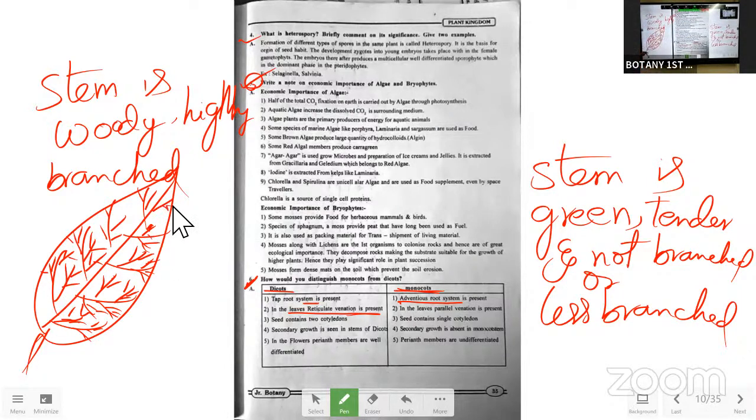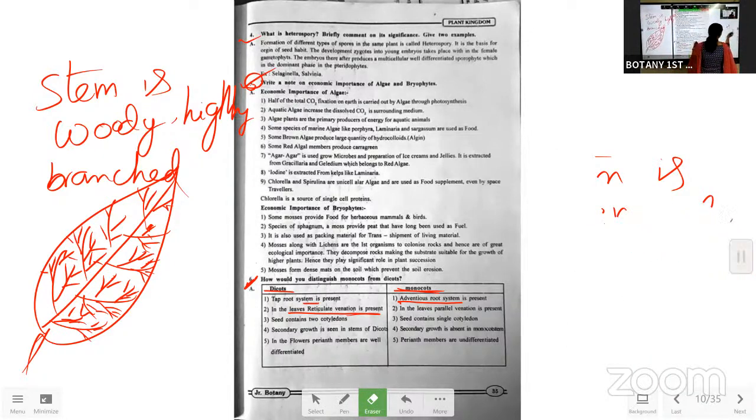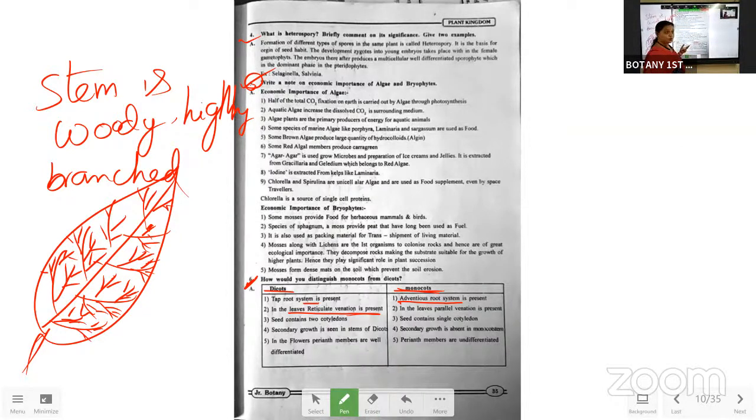For example, mango leaf you can see. And the leaves in the monocots are having the parallel venation. Parallel venation means, for example, grass you can take, otherwise rice, wheat, sugarcane. If you say that you have not seen the rice leaf, wheat leaf or sugarcane leaf, at least we have seen the picture in the books or in the movies.